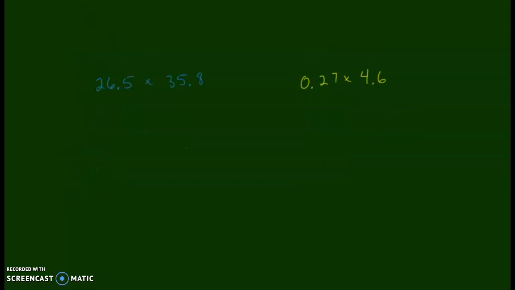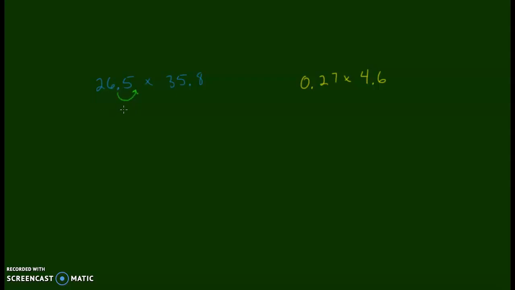Okay, another way that Everyday Math shows you how to think about problems like this is by turning each of these numbers into a whole number first. And we can think about that by, in this case, moving the decimal 1 place to the right.